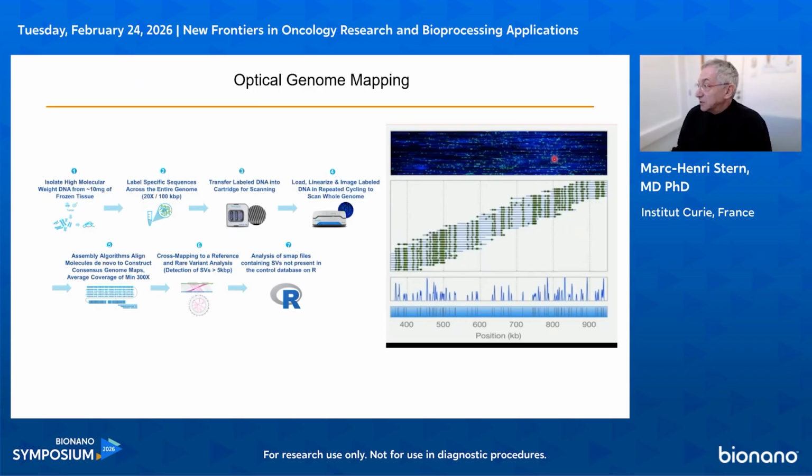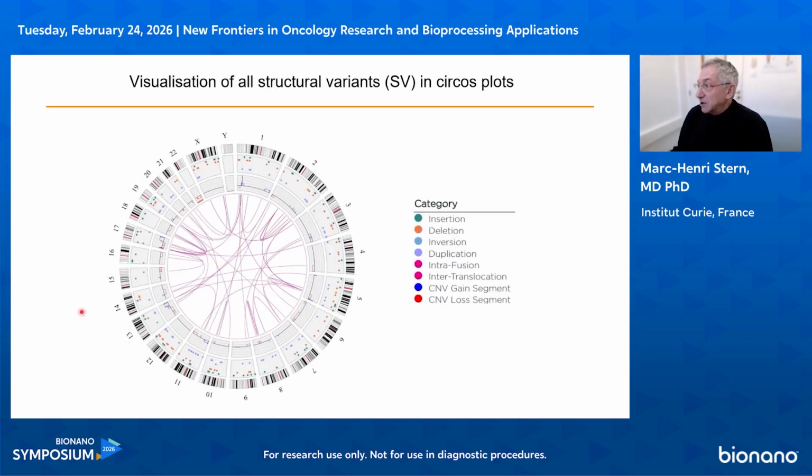It allows us to reconstitute the structure of complex cancer genomes, not detecting the nucleotide sequence, but identifying easily all possible structural variants that can be visualized classically on a circos plot, where you can see all the subcategories of structural variants, and in the middle, the translocations in purple.